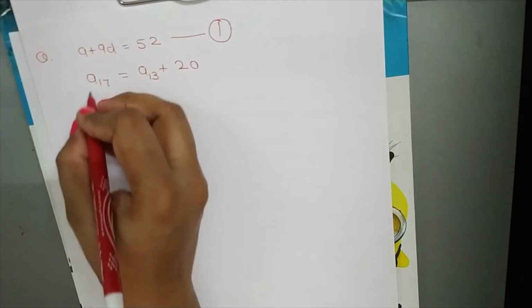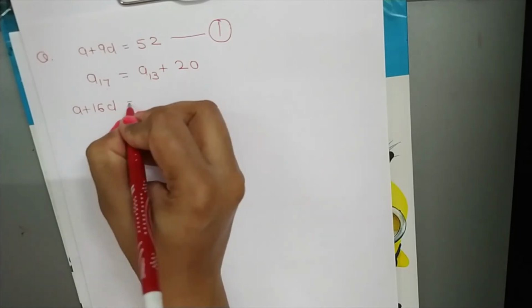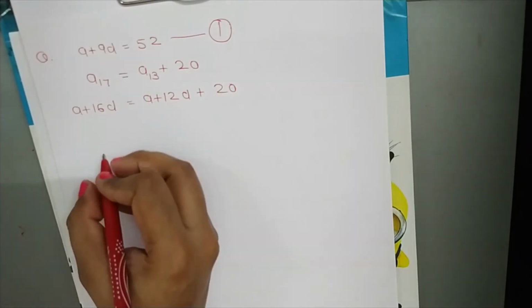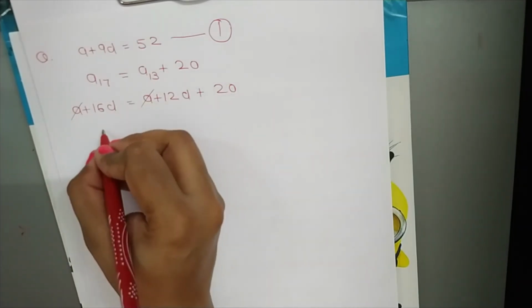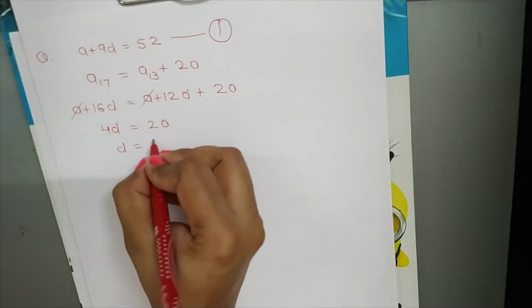This is the first equation. So the 17th term will be a plus 16d is equal to a plus 12d plus 20. So a and a will be cancelled. This will be 4d is equal to 20, so d is equal to 5.